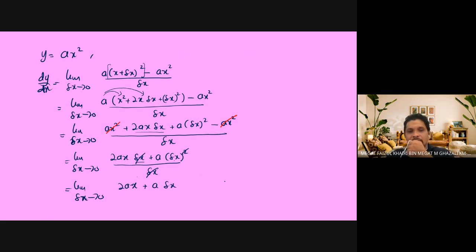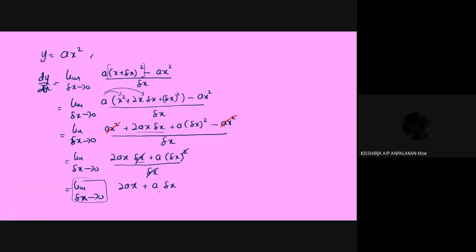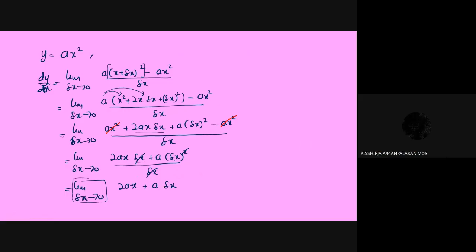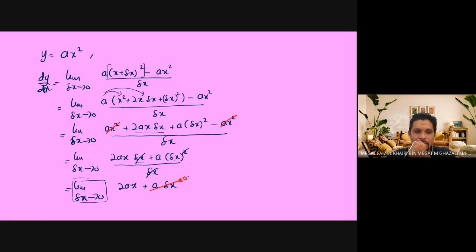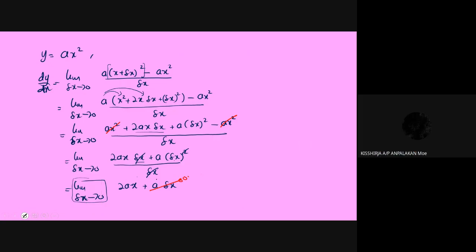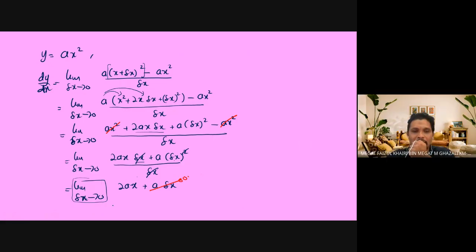Okay, so it's time for us to use this instruction. Limit of delta x approaching to 0. Do you find any delta x left here? A delta x. So then the whole of this equal to 0. So what's left here now? 2ax.